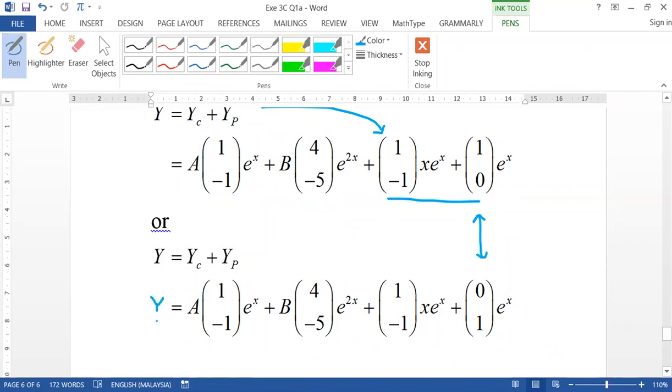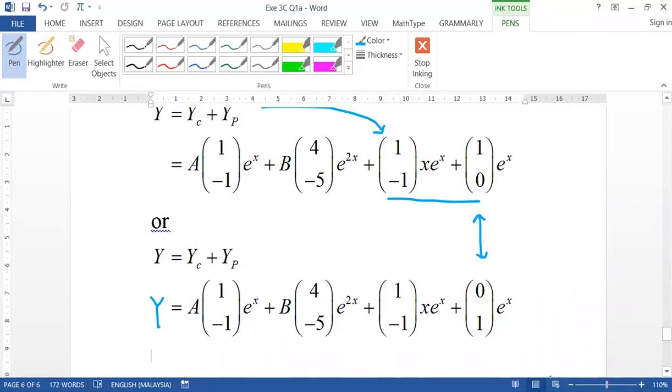This is in the matrix form. If you want y1, you take all the first row: a exponent x plus b exponent 2x plus 1x exponent x plus 0 exponent x. For y2 it is negative a exponent x minus 5b exponent 2x minus x exponent x plus exponent x.